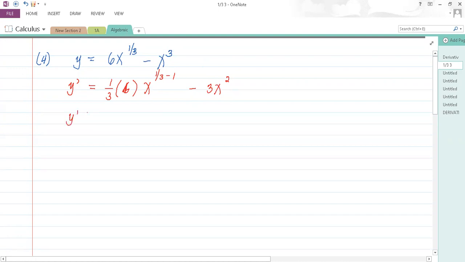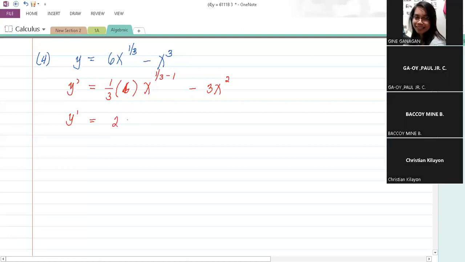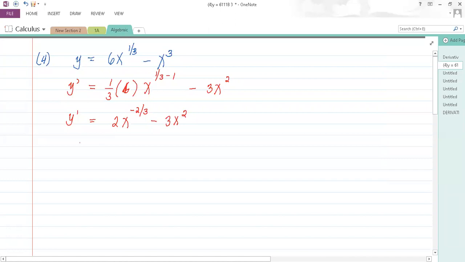So kindly simplify. So this is equal to 2x raised to negative 2/3, so we have negative 2/3. So minus 3x squared.